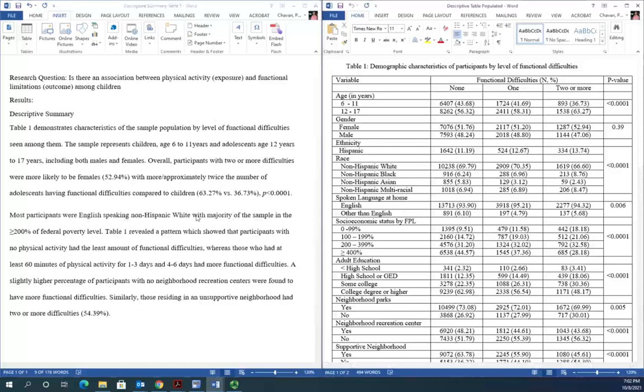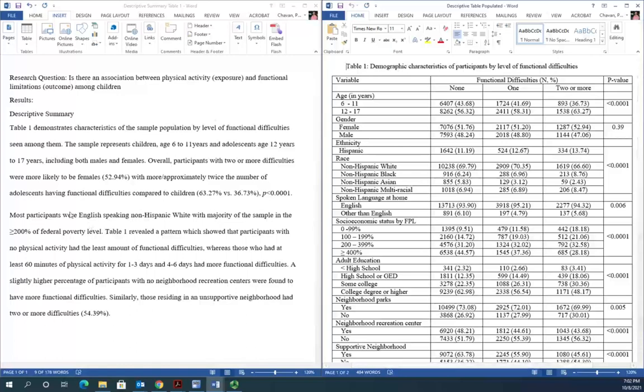However, you will see over here that I have not included any percentages. It's not necessary that every time when you're describing this population using table 1, which is the descriptive statistics, you include all the percentages. You can choose to describe it in sentences, or you can choose to write percentages in parentheses.